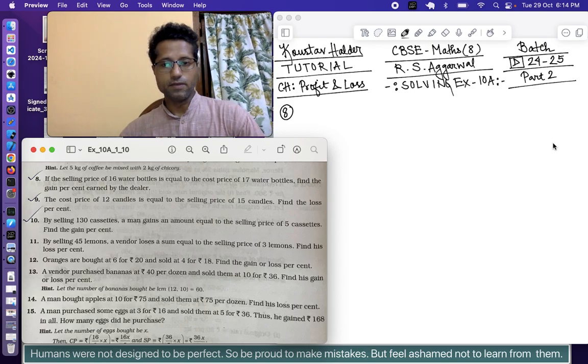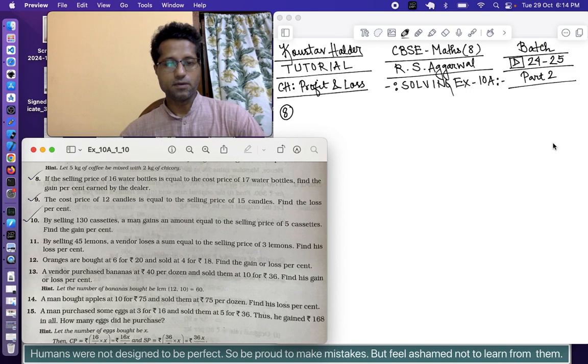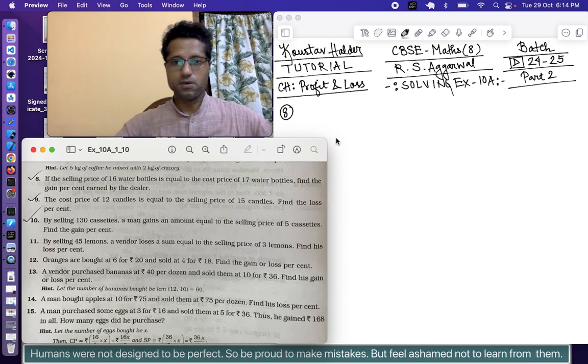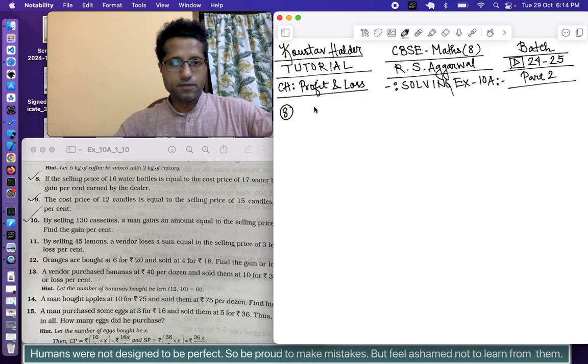Since it has asked to find the gain percent, definitely it will be a gain. So the gain percent will be based on the CP and SP of one water bottle. It is given that the SP of 16 water bottles is equal to the cost price of 17 water bottles.